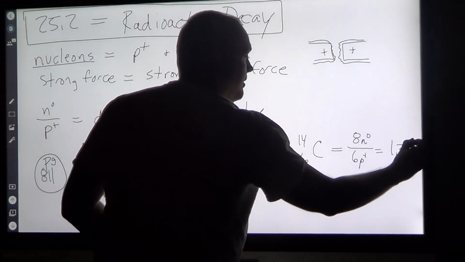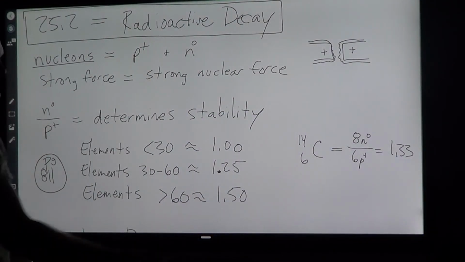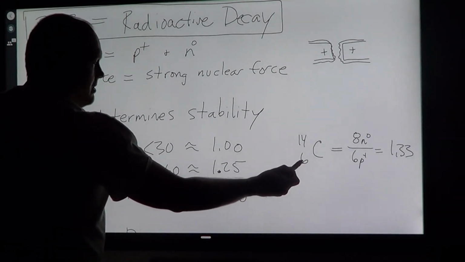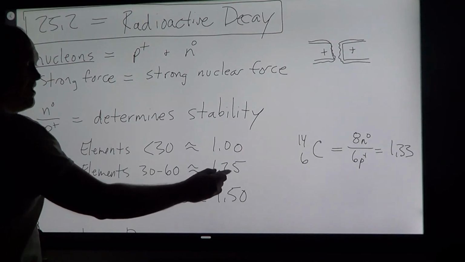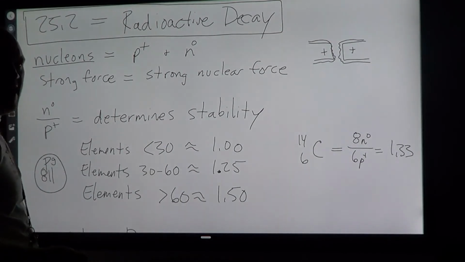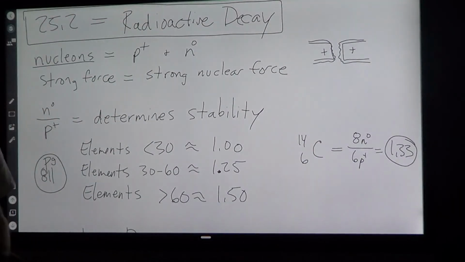That's a 1.33 ratio. Carbon is a really low atomic number. It's supposed to be 1.0. It's definitely not supposed to be above 1.25. So this number puts it outside of the band of stability, which is why that substance is radioactive.